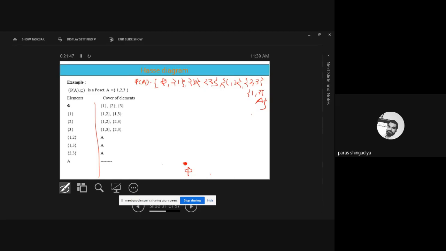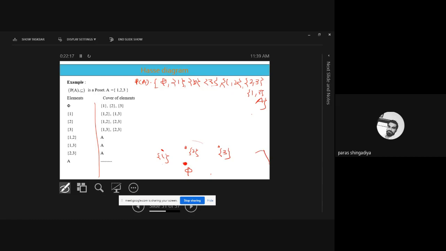And {1}, {2}, {3} are the cover elements of the empty set. So singleton {1}, singleton {2}, and singleton {3} are cover elements of the empty set. So the places of {1}, {2}, {3} should be above the place of the empty set. Means the dots of {1}, {2}, {3} should be above the dot of the empty set. So I assign the place of the empty set here. Now we will assign the place of {1}, then the place of {2}, and then the place of {3}. That should be above.